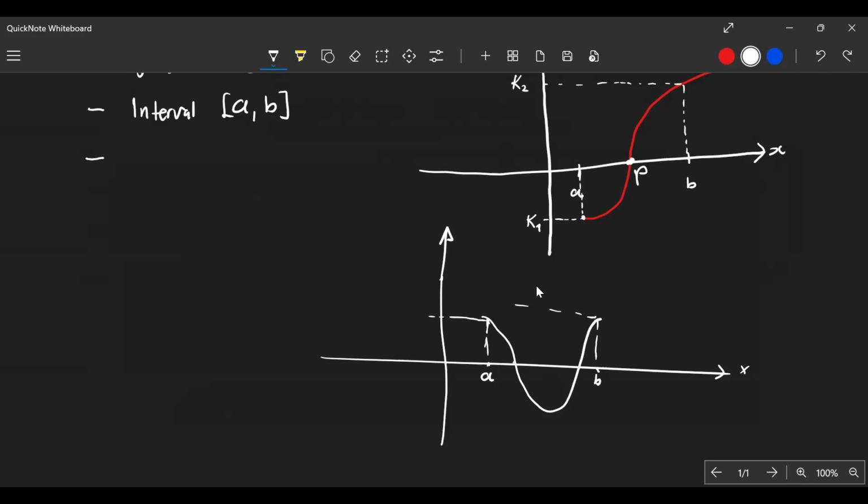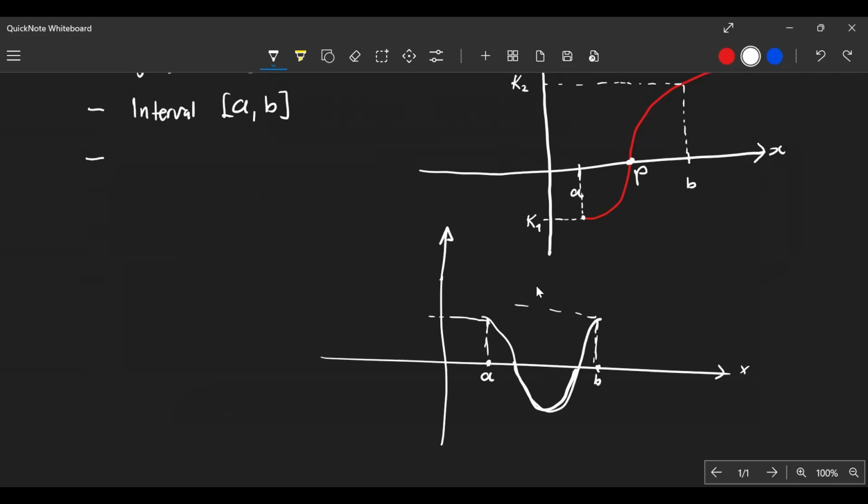But if you notice, actually the function crosses the x-axis twice. The interval that you have taken is so big that within that interval the function is able to cross the axis twice. So the only thing that you've captured is the positive part of the function.